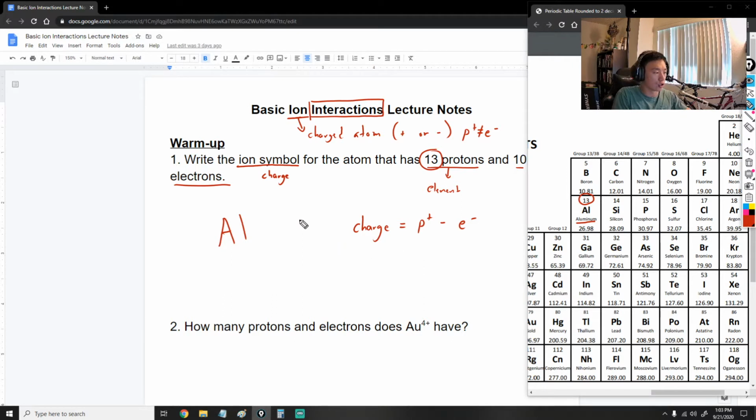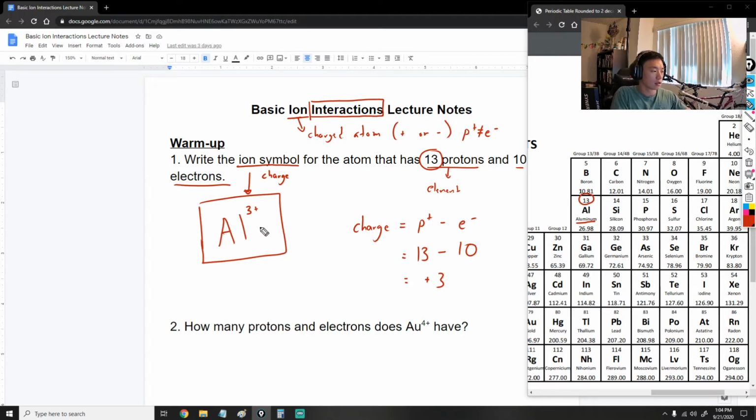So we plug in our protons, which is 13, minus our electrons, which is 10. 13 minus 10 is 3. For charge, we need to specify if it's positive or negative. Since there's no sign in front of it, we know that it's positive. So the symbol for this ion is Al3+, and this is the answer for this problem.